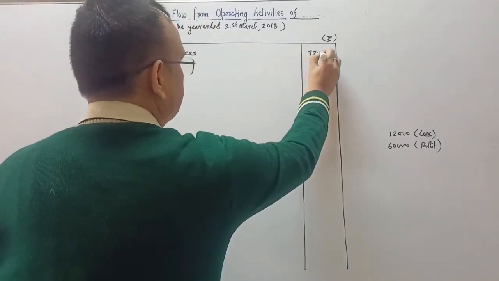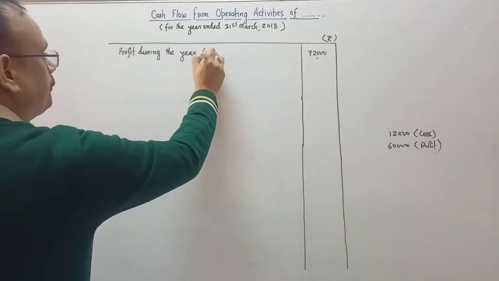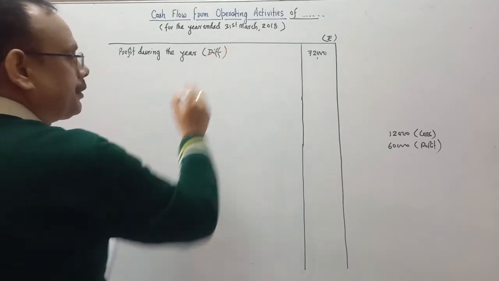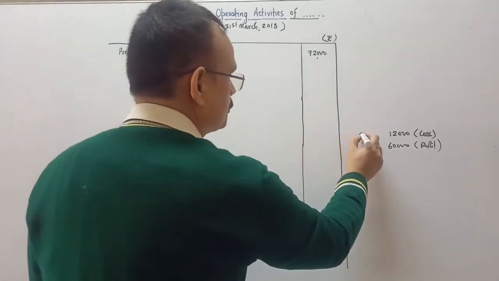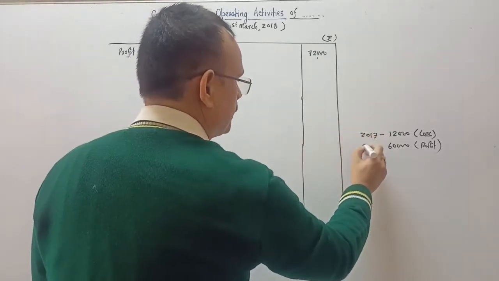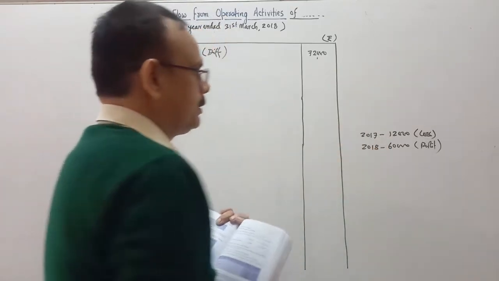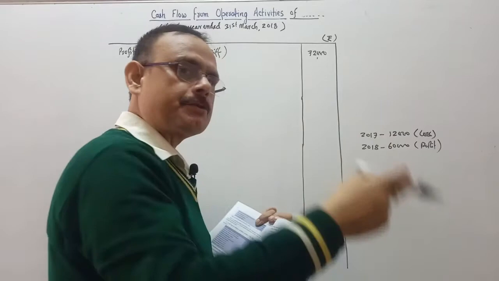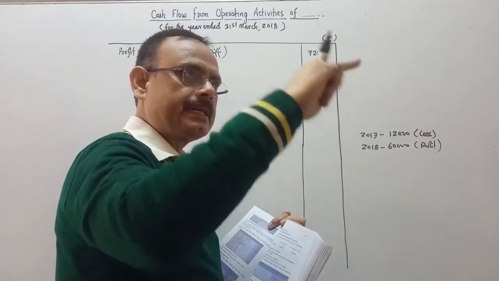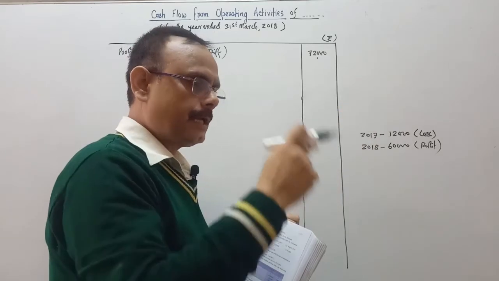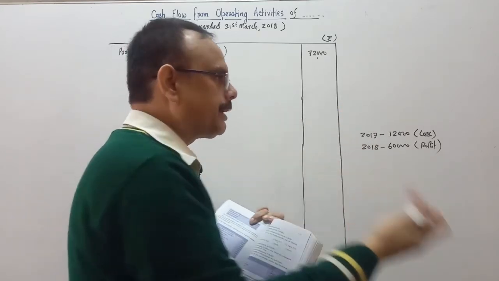We will see the difference between the 2017 profit and the 2018 profit. Last year it was a loss, in minus, and this year it is plus 60,000. So it means that the profit during the year is 72,000.